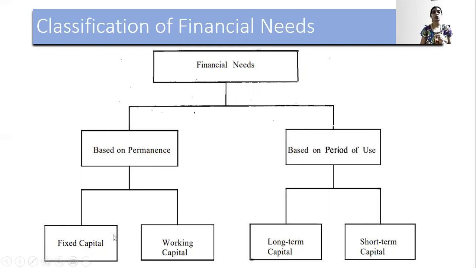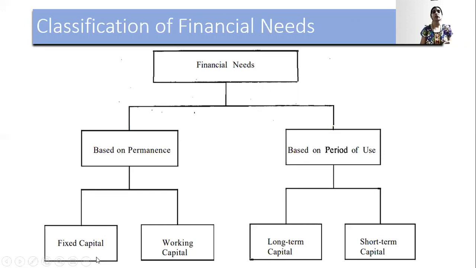One is your fixed capital, the second one is your working capital. When we are talking about fixed capital, students, always remember fixed means fixed investment. Take an example: if you are starting any business, first you are in need of land, a building where you will conduct your business, correct?